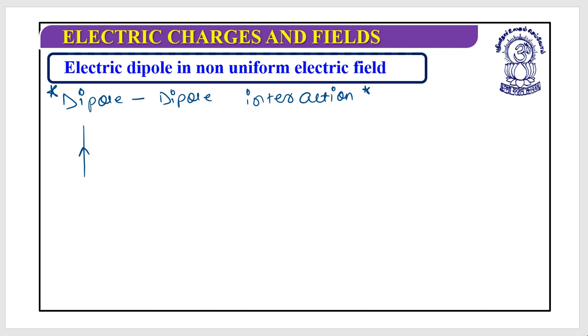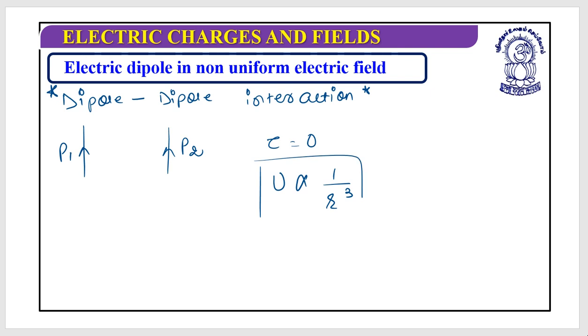Let's say the first dipole is like this and another dipole is like this, then torque is 0. U is directly proportional to 1 by r cube, where r is the distance between these two. This is true for every dipole or every configuration of a dipole.